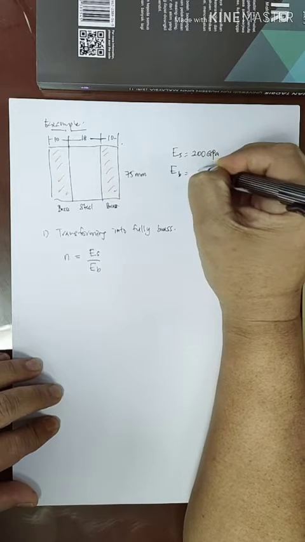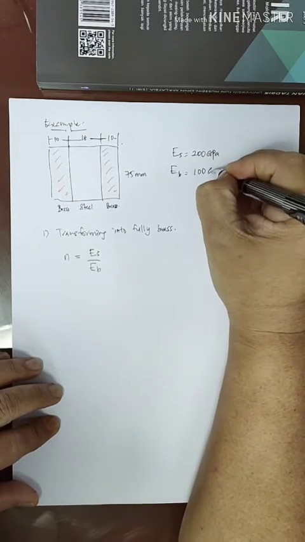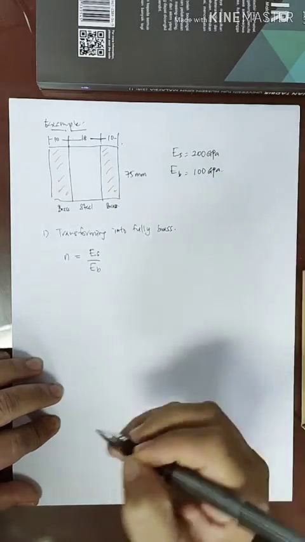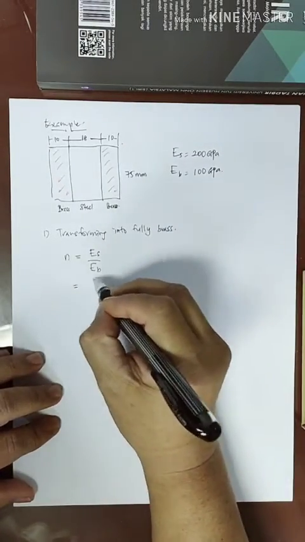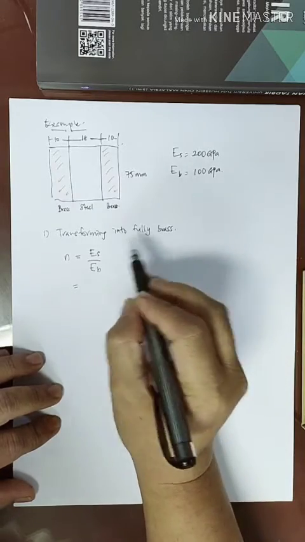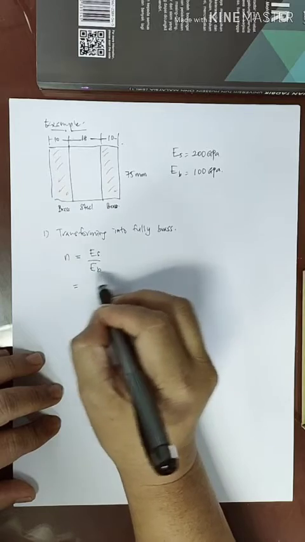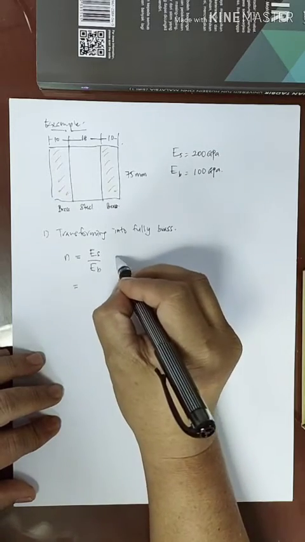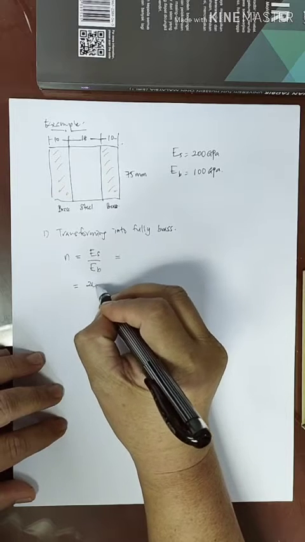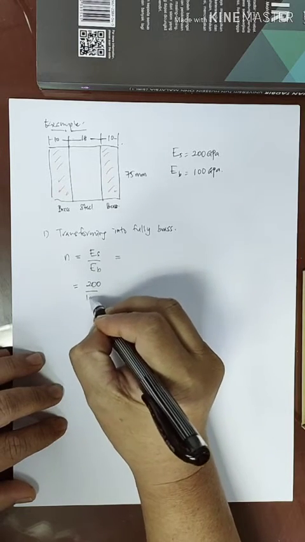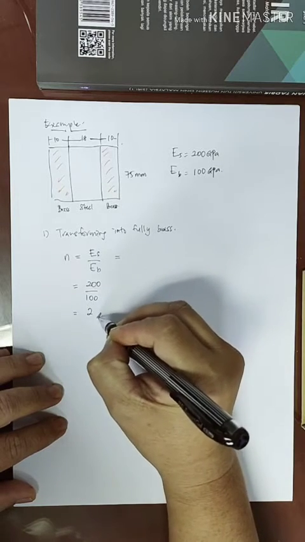E for brass is 100 gigapascal. So we are converting into fully brass, so brass should be at the lower side. So equivalent to 200 over 100 equal to 2 times.